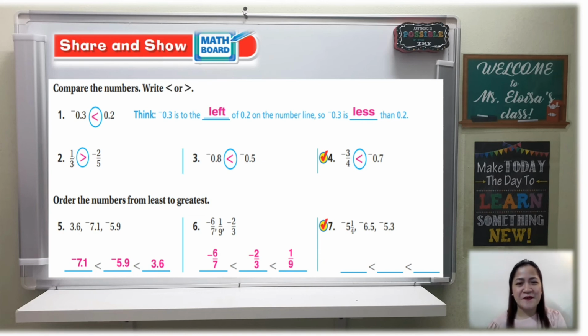Very good. Number 7, we have negative 5 and 1/4, negative 6/5, negative 6.5, and negative 5.3. So, the least number is negative 6.5, followed by negative 5.3, and the greatest number is negative 5 and 1/4.